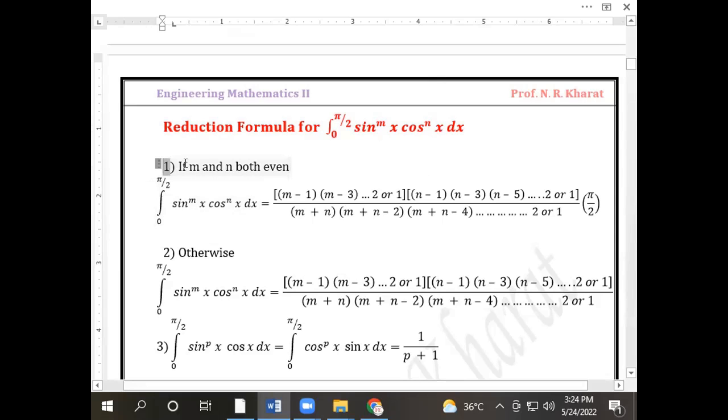The first reduction formula for the product of your sine and cosine is given by, and the first case is that if both m and n are even. That means the index of your sine and index of your cos both are even.